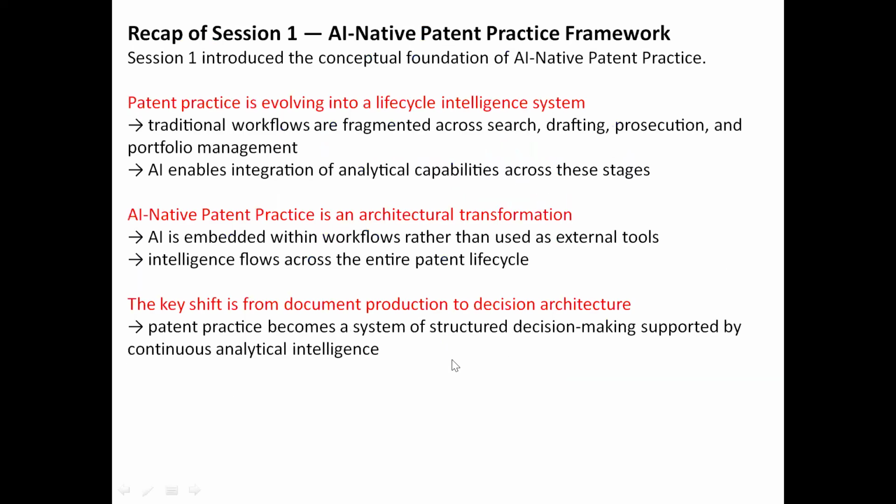Basically, what I talked about in the last session was the motivation. AI native is a common language currently in all industries. If you are a professional in any particular industry, AI native is used very commonly.